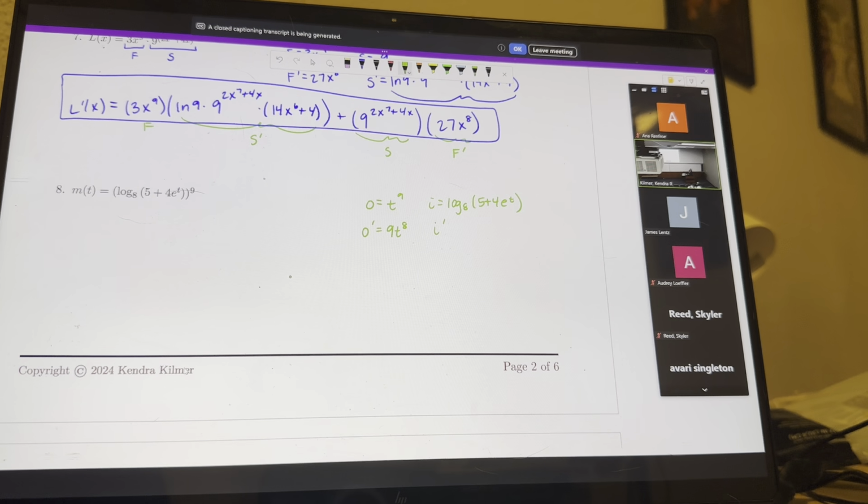Okay. It's because we learned last week how to find the derivative of log base 8 of t. And so we have something inside here that's more complex than just t.